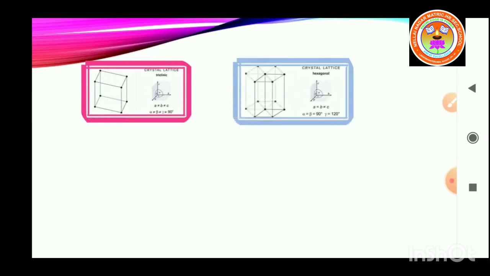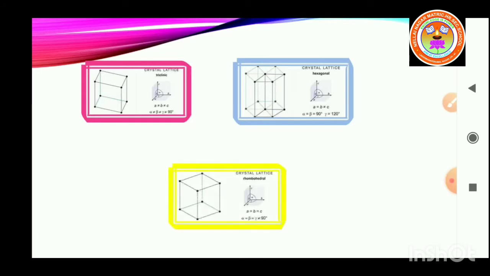Okay, now clear this. And the next one is triclinic, and the next one is hexagonal. The last one is rhombohedral. Okay, now clear this.